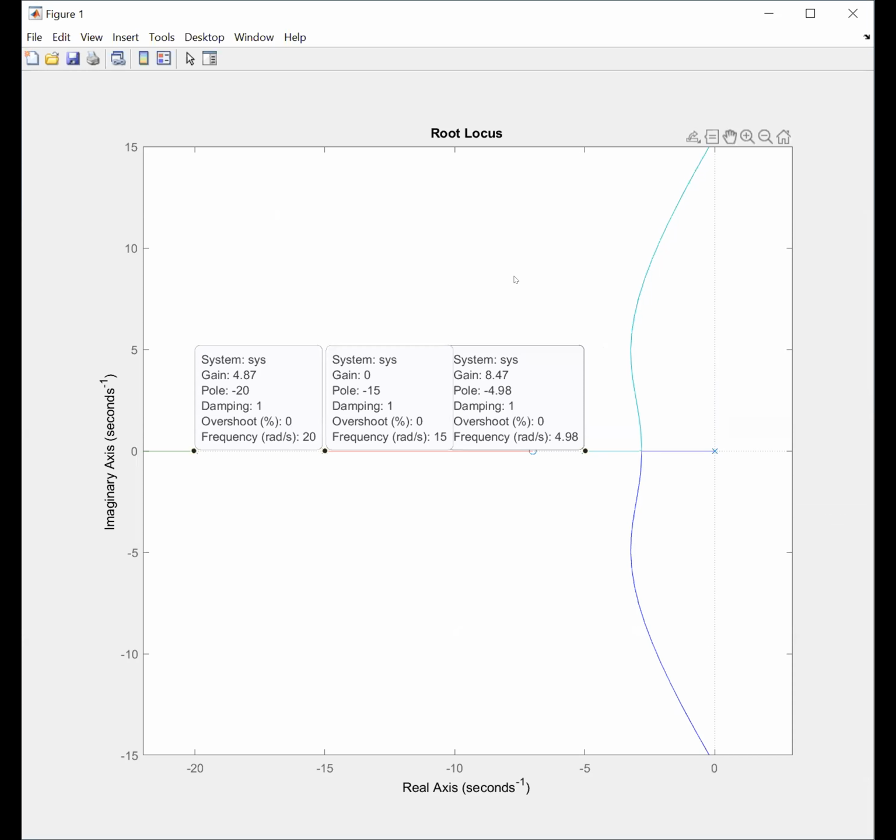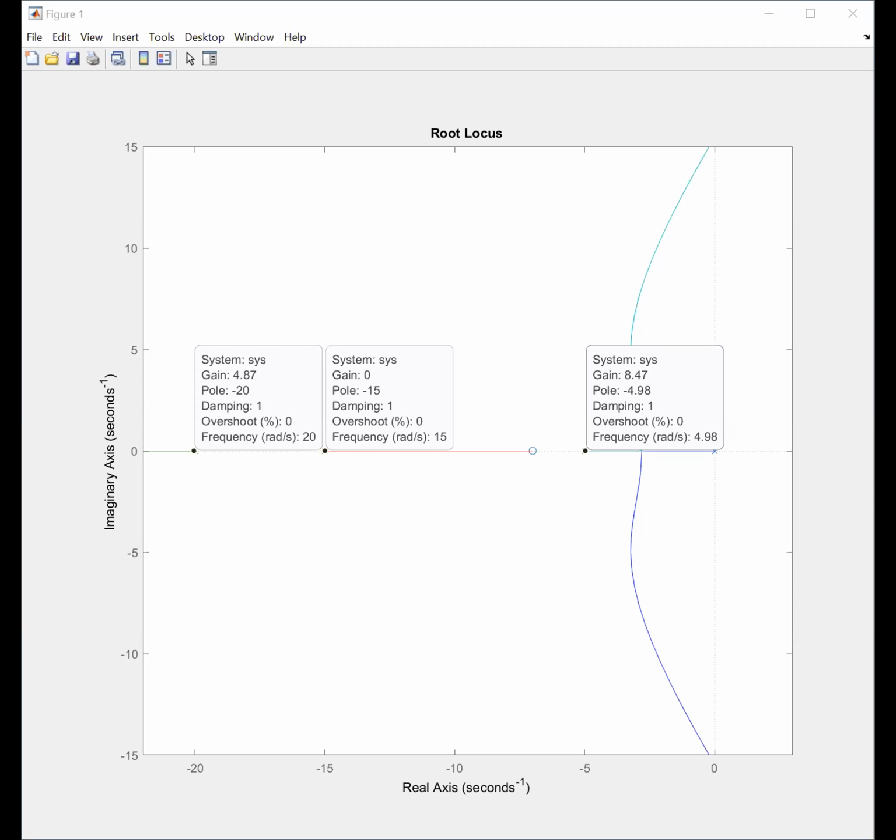I'm going to move this a little bit so you understand. Please note the X's indicate open loop poles, and O indicates open loop zeros.